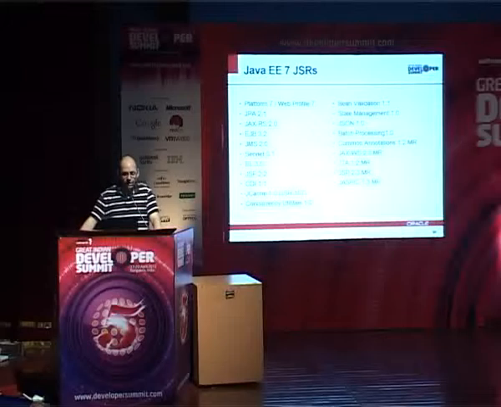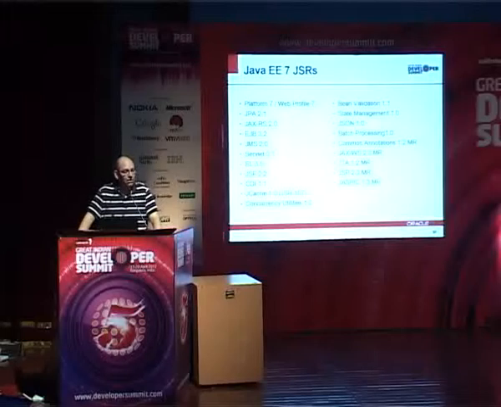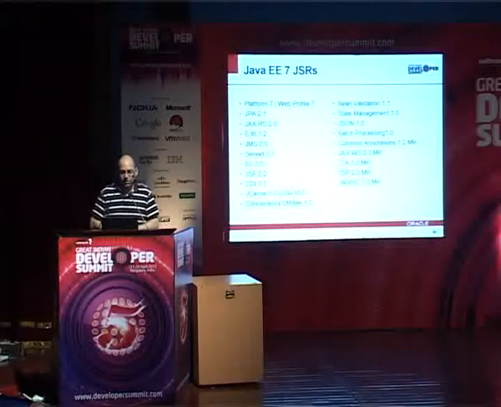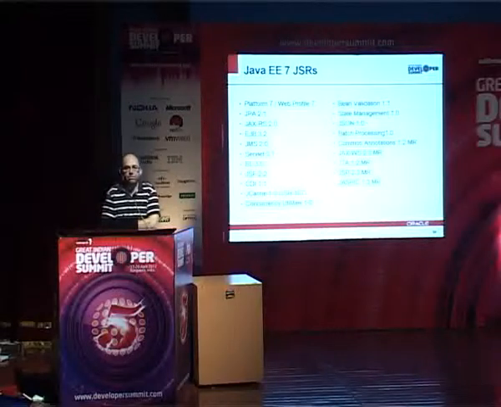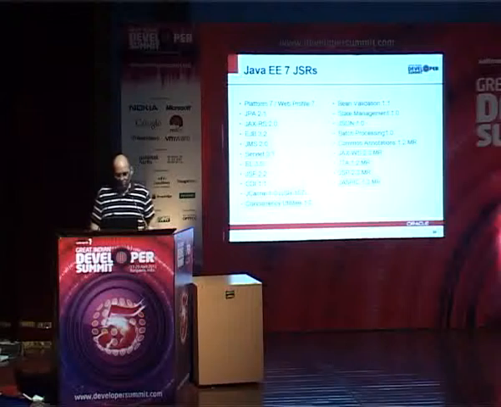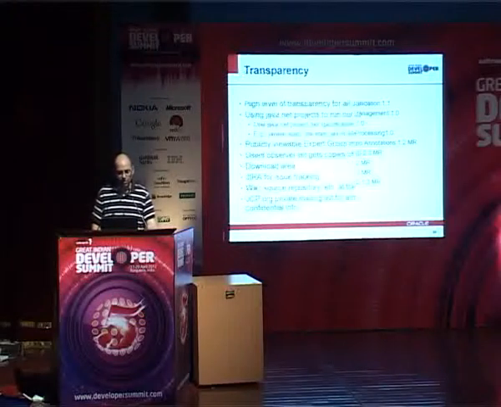And we have the JCache, which has been going on for quite a long time, a number of years, and has been restarted. And so we'll be offering an API as part of Java EE 7. I mentioned the JSON one already, and there's the state management and batch processing that are on the go, I believe, as well. And then there are a few maintenance releases to existing specs. So there's a fair bit going on in Java EE 7.